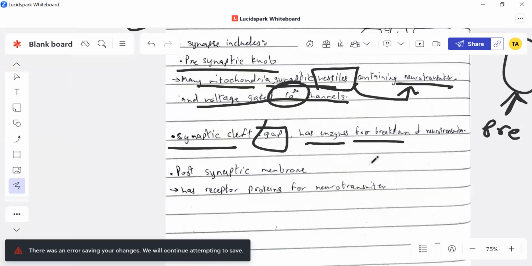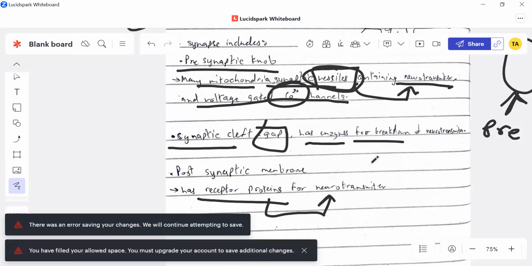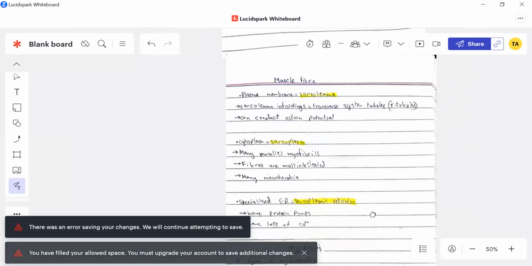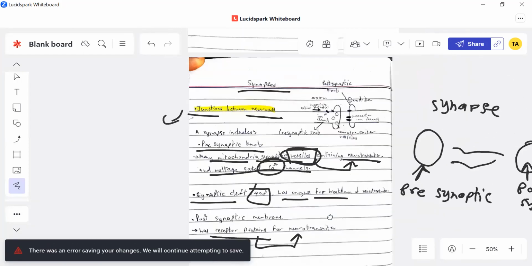Remember, only the postsynaptic membrane will have receptor proteins, and these receptor proteins are complementary to the neurotransmitters that are coming from the vesicles of the presynaptic knob.